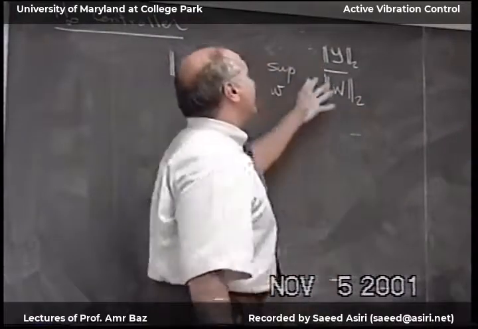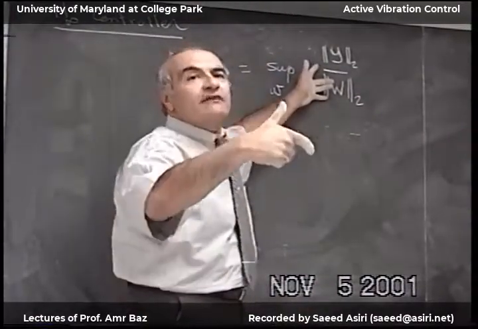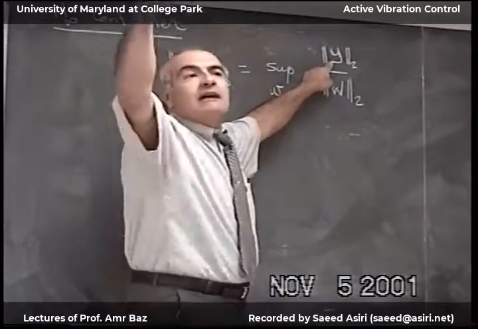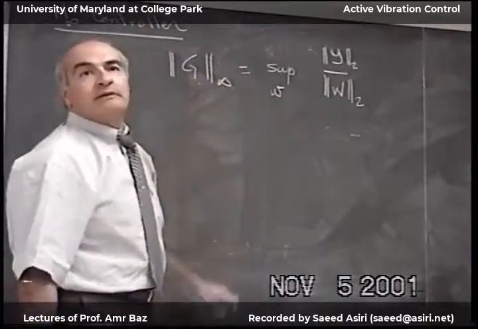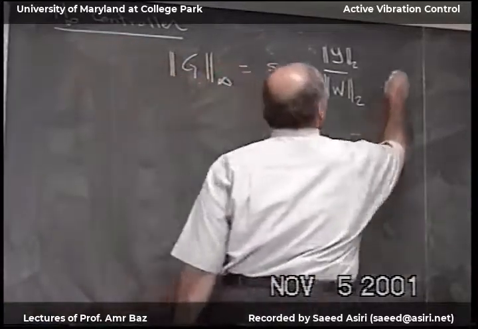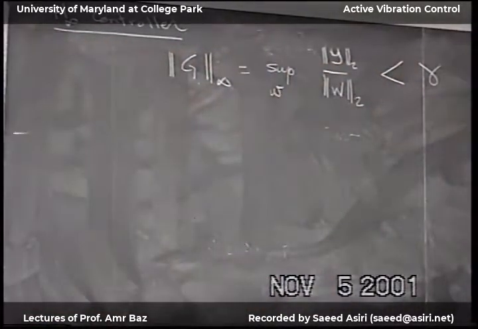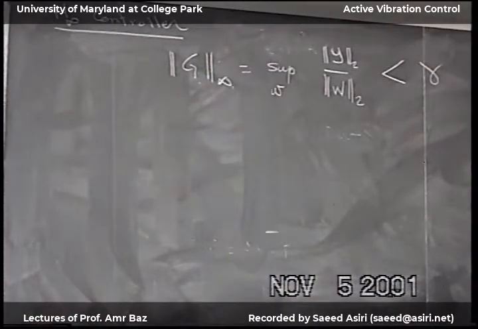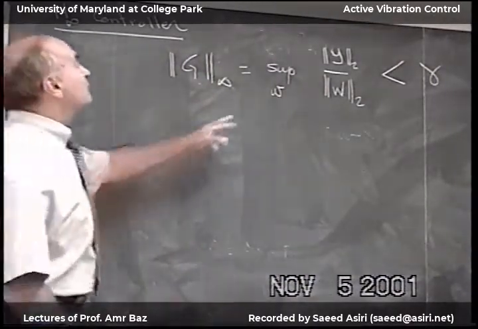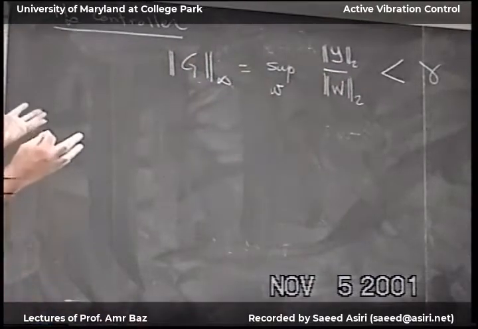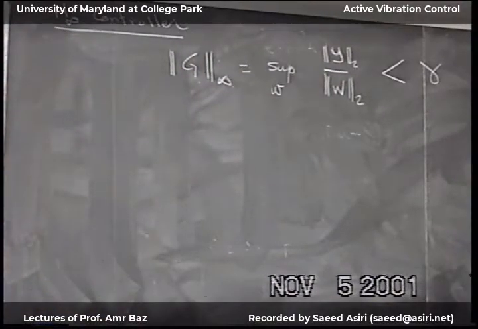So in effect, I am drawing the transfer function between the input and the output and looking at the peak value. Now this has to be less than gamma. We'll show you how to make this output, but this is the idea of the H infinity controller.